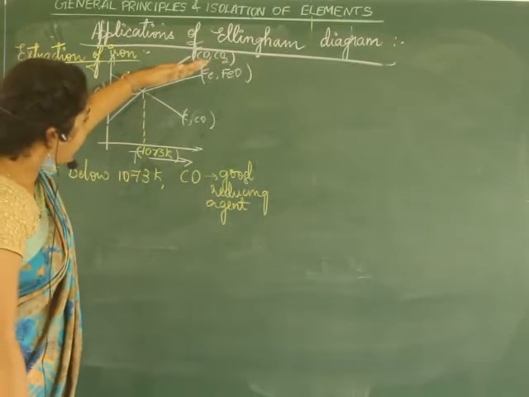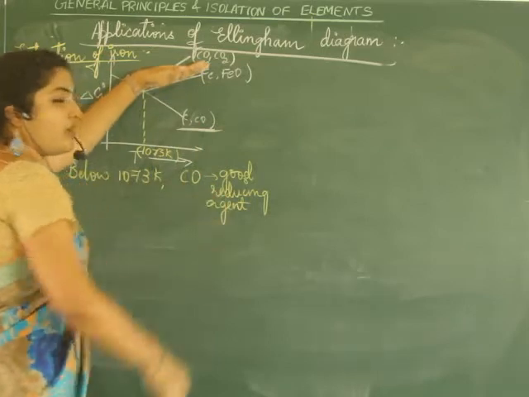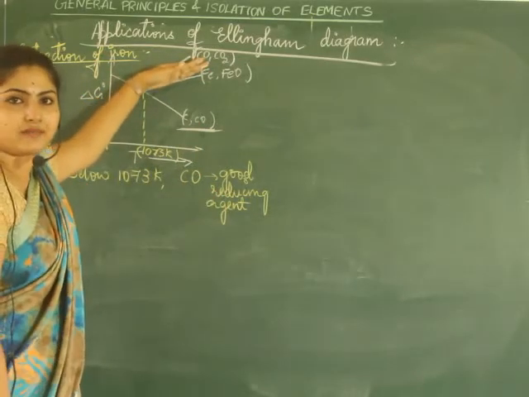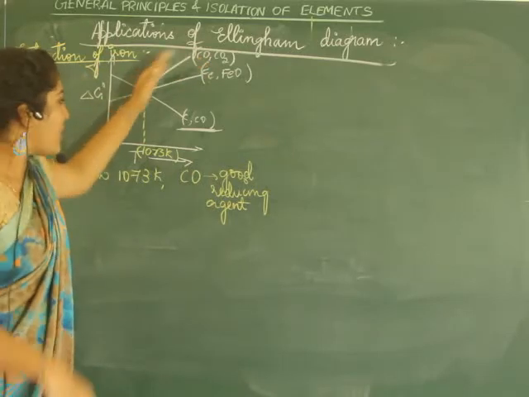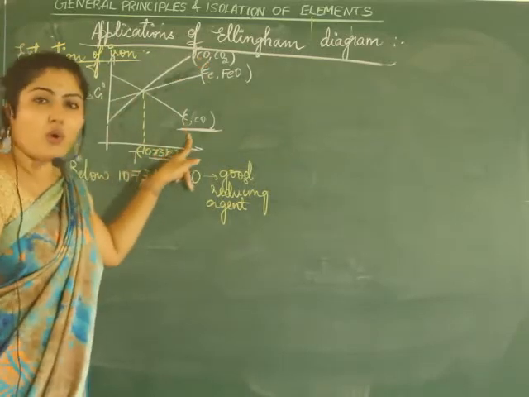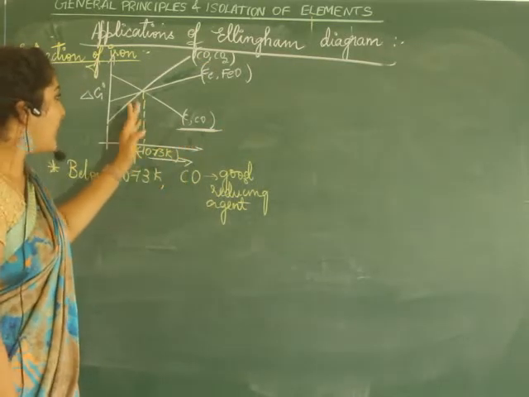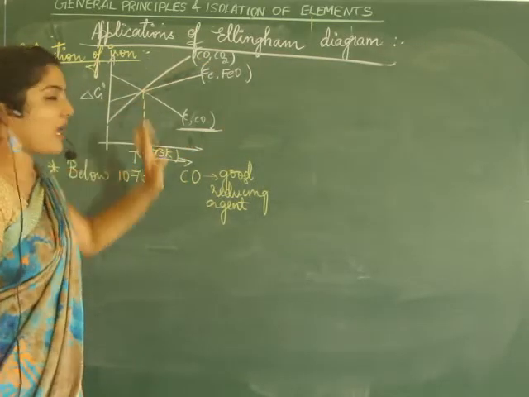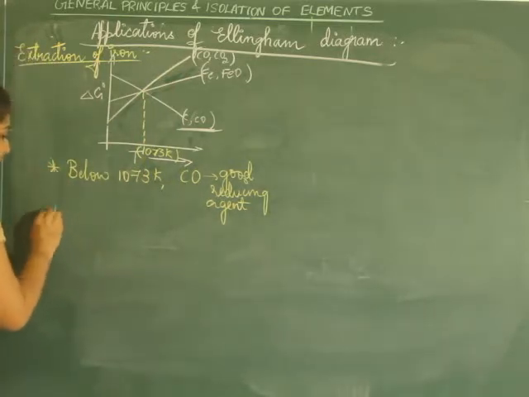Then you see here, this is the iron oxide line, which is below the carbon and carbon monoxide line. Carbon getting converted into carbon monoxide line is below. So above 1073 Kelvin, coke, that is carbon, is the best reducing agent, but below 1073 Kelvin, carbon monoxide is a good reducing agent. So what is the point?